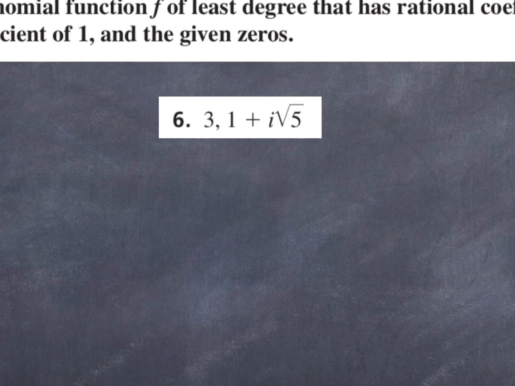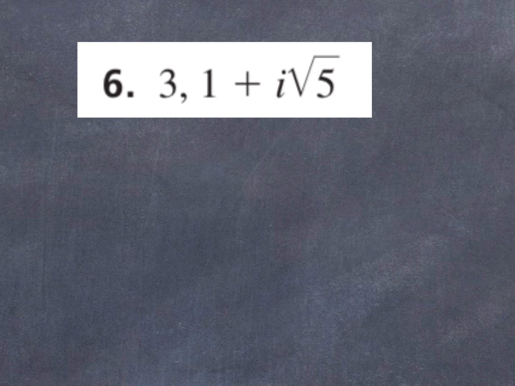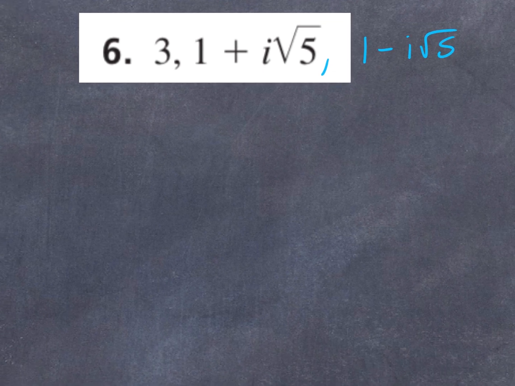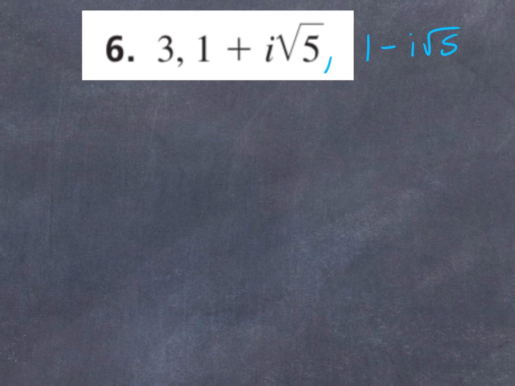All right, let's look at number 6. So it gives me the zeros as 3 and 1 plus i square root 5. Am I missing any zeros? Awesome. 1 minus i square root 5. So now I'm going to put it into the factored form. So what would I start with? x minus 3.